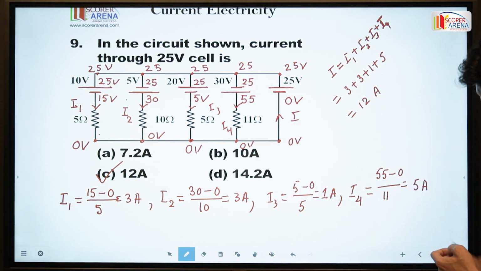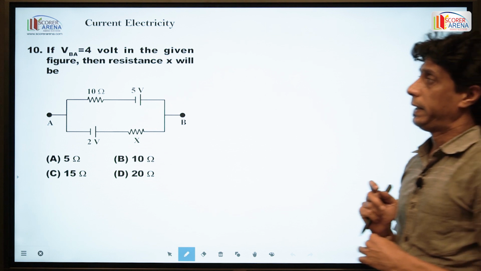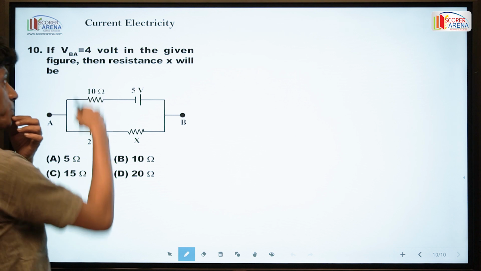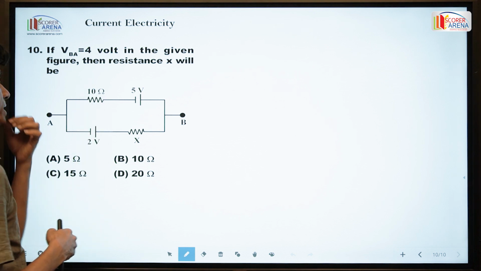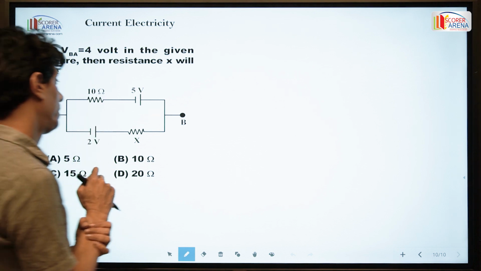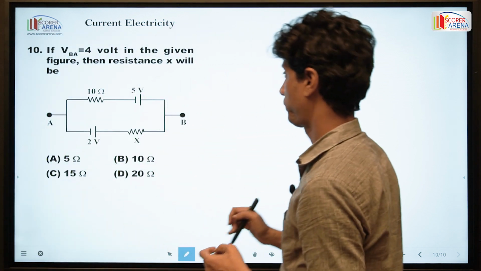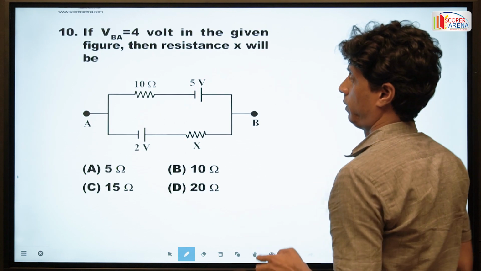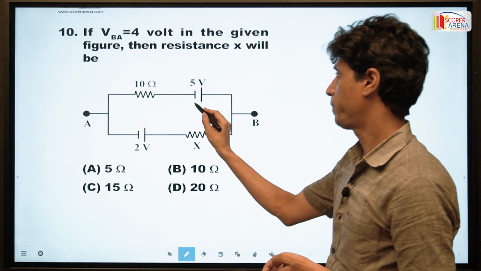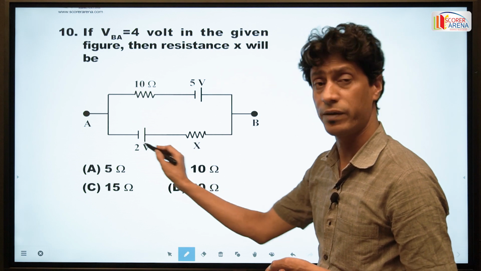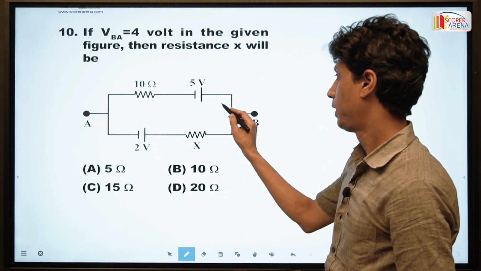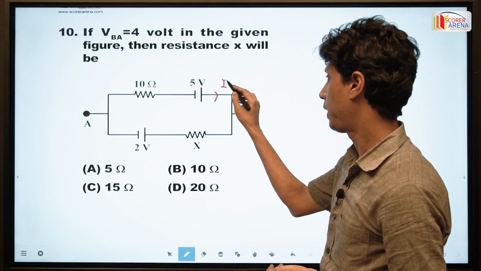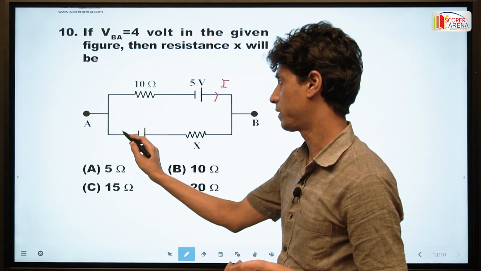Next problem of this chapter: if the potential difference between B and A is 4 volt in this given figure, then what will the resistance X be? If we take the current, the potential of this is 5 volt and the potential of this is 2 volt, then we can say the current is delivered by the higher potential in the circuit.